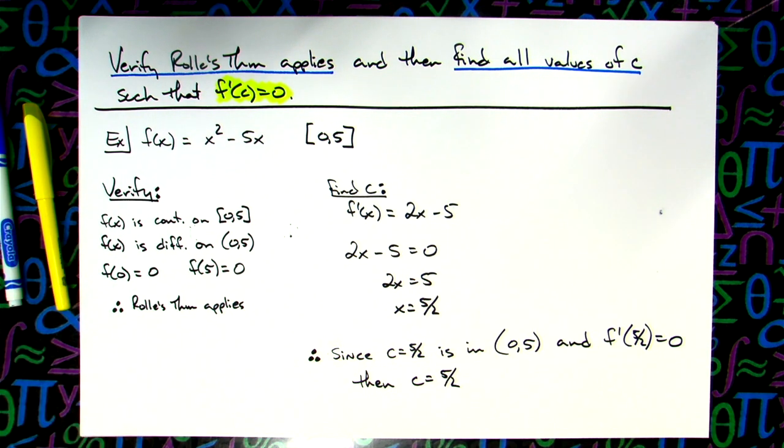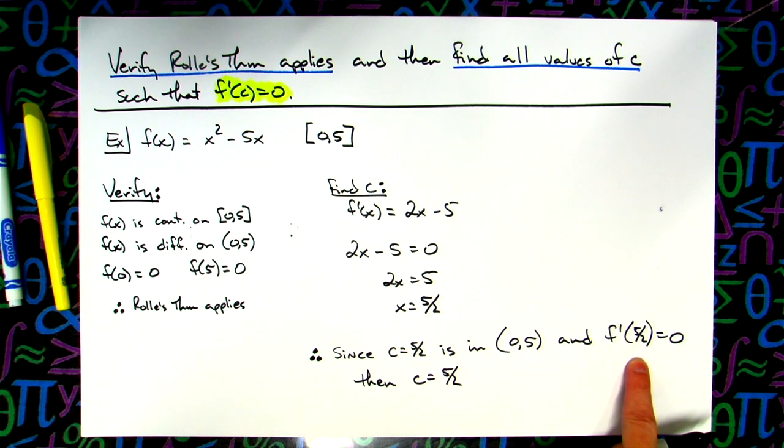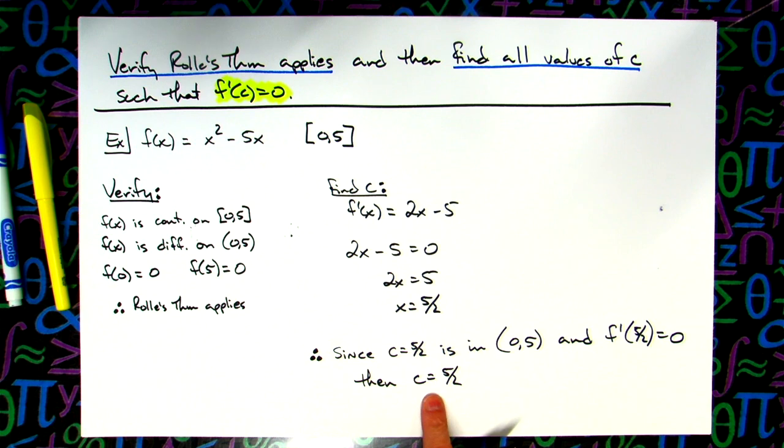I probably could have written a better one there. Yeah, that's close enough. Since c equals 5 halves is in the open interval, and the derivative at 5 halves equals 0, then I'm guaranteed to have c equaling 5 halves.